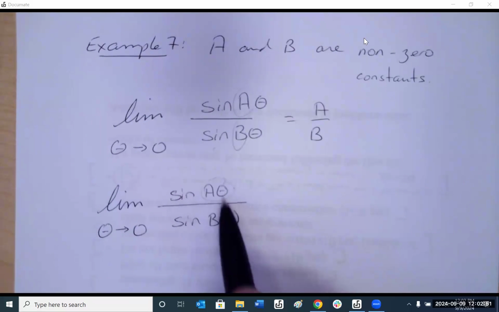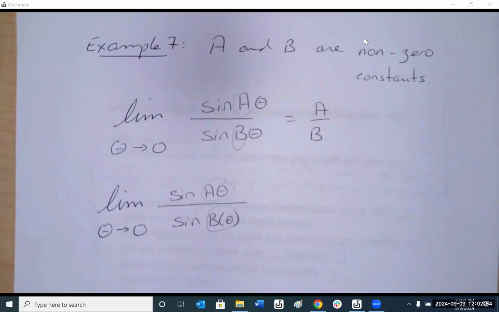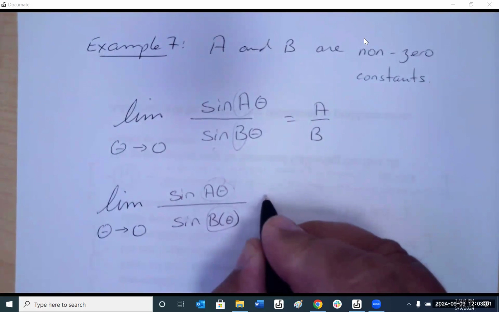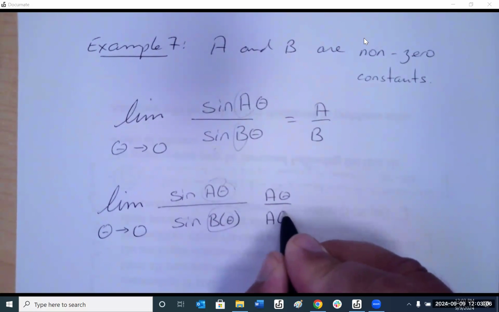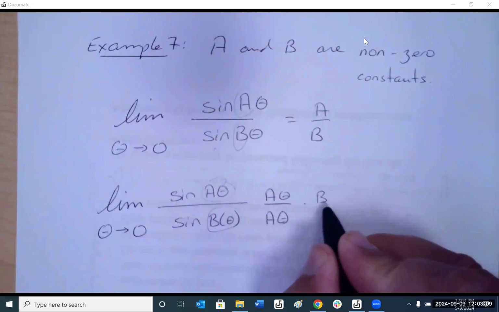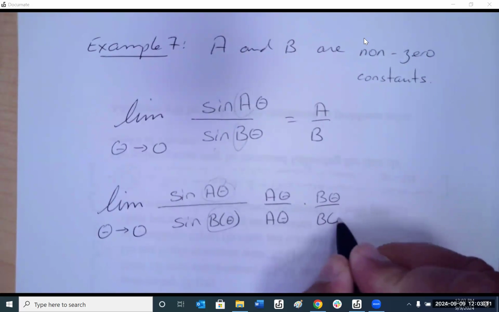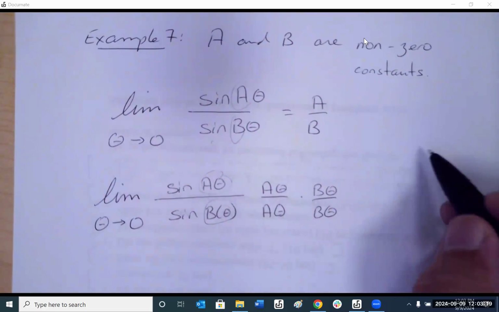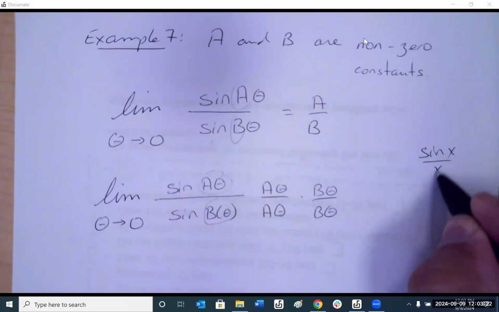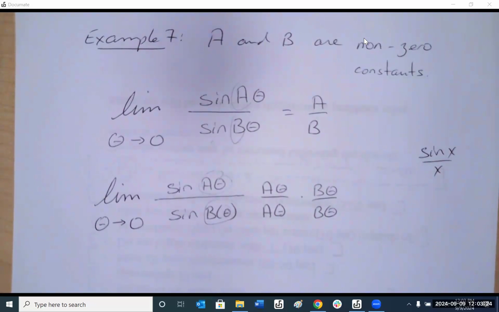Now, since both A and B are part of the angle itself, we have to look at how both of those work. So what we have to do here is get rid of the A theta, and the same with the B. We're multiplying by 1. The reason we're doing this is because, remember, we want sine x over x. So I'm just changing the way it looks.